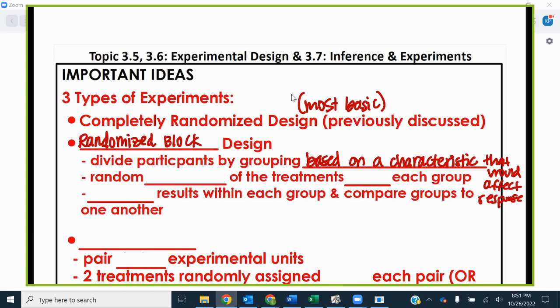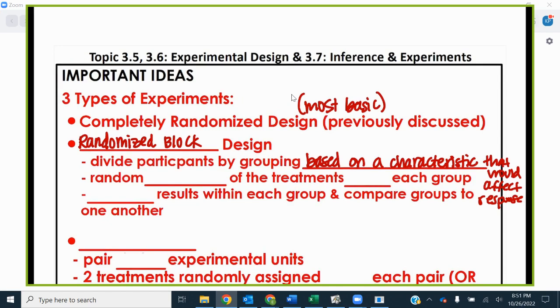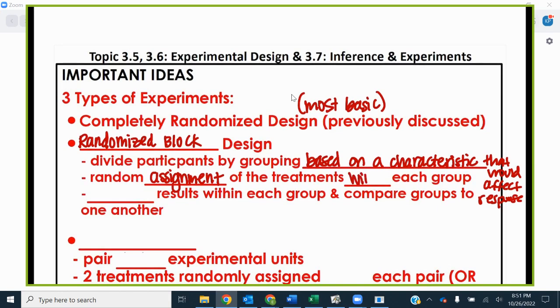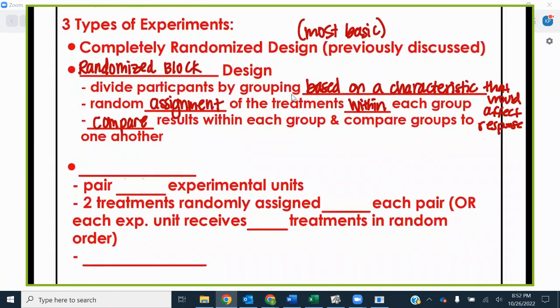Like, I think that your activity level throughout the day affects how you react to deodorant. You want to randomly assign the treatments within each group. So that means you're doing the experiment in each group, and compare the results within each group at the end. So always have a comparison element as part of an experiment.